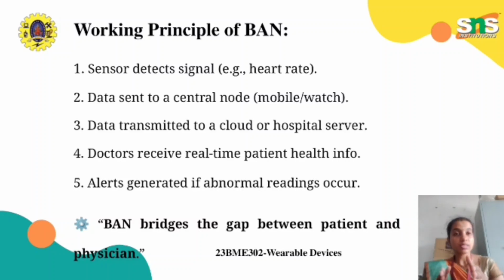The doctor receives the data of the patient in real time. If abnormal readings occur, an alert is immediately generated. Since the patient is in an emergency, the doctor will reach out to the patient.